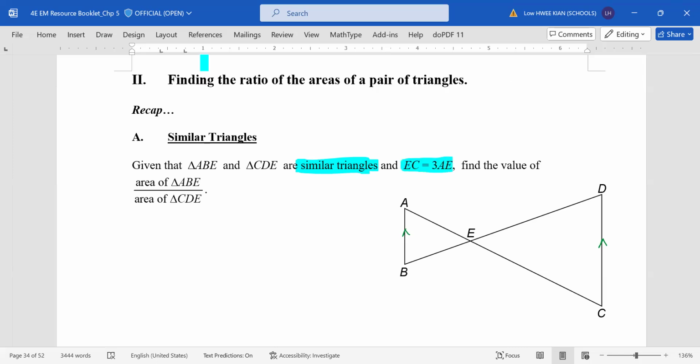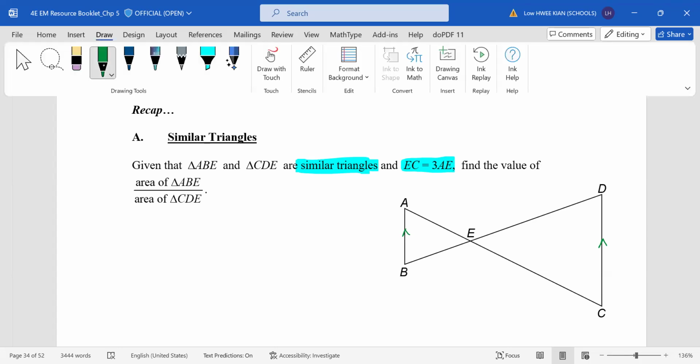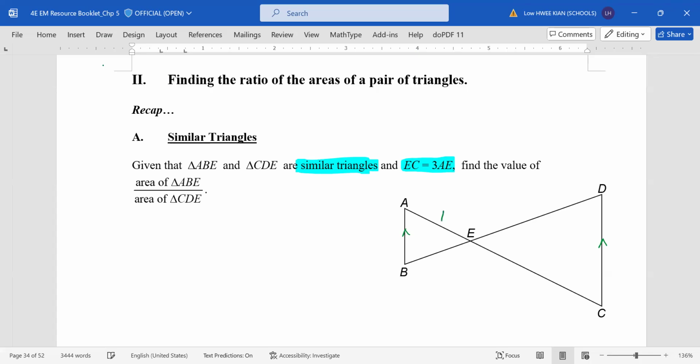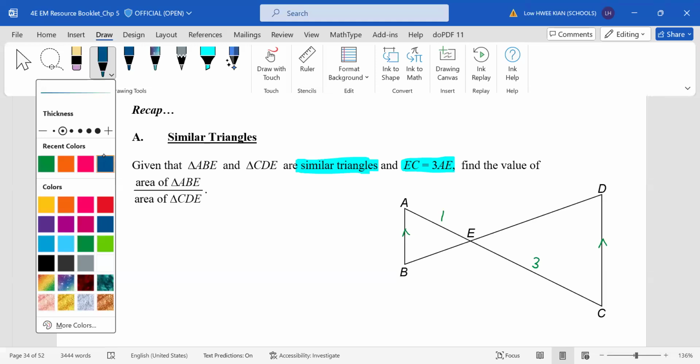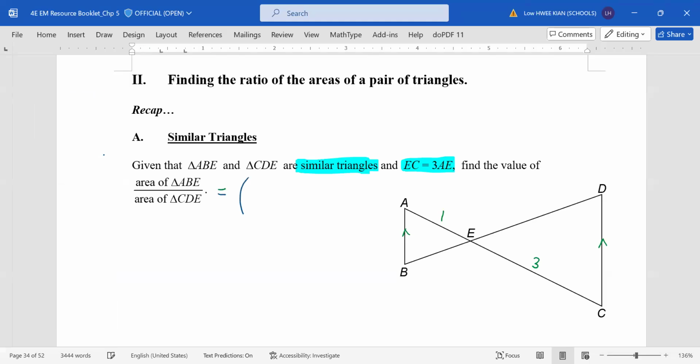Another thing to take note of is the ratio of units. Over here we see that EC is equal to 3 times AE. So if we write it in terms of ratio, AE is equal to 1 unit, whereas EC is equal to 3 units. As we recall from what we learned in ratio, the ratio of areas is equal to the square of the ratio of the sides.